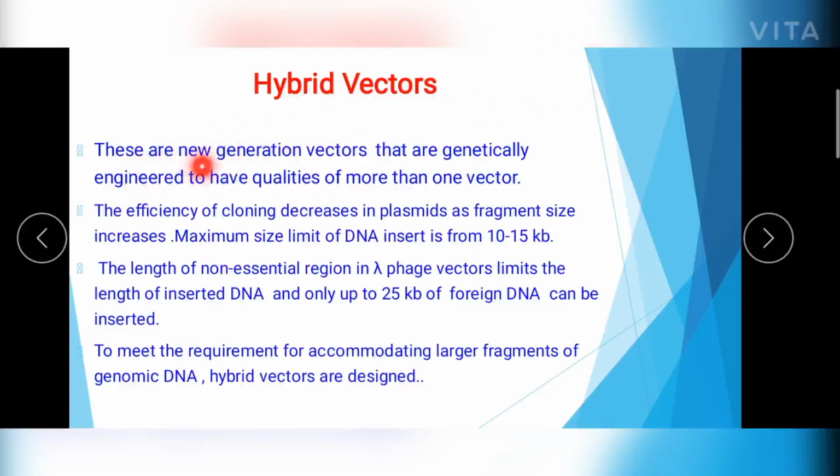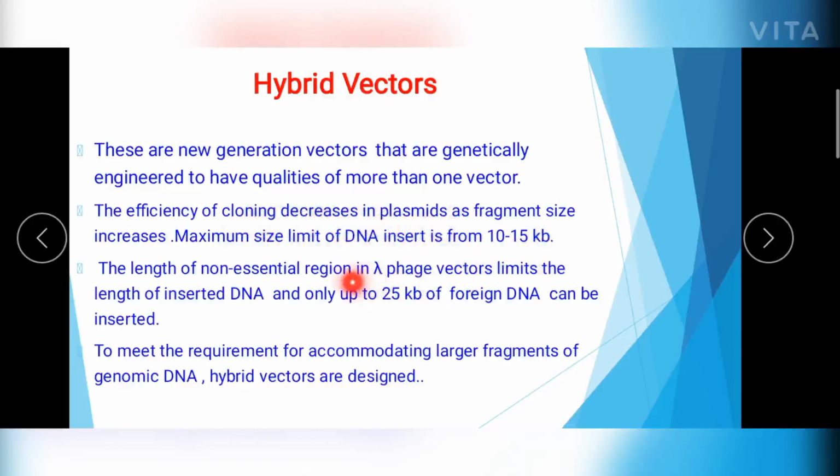So, these are the new generation vectors which are genetically engineered to have qualities of more than one vector. You know that the plasmids are able to clone only small sized fragments, and if you increase the length of the DNA insert, the efficiency of cloning decreases in plasmid.